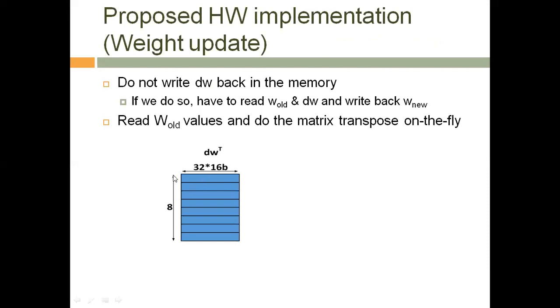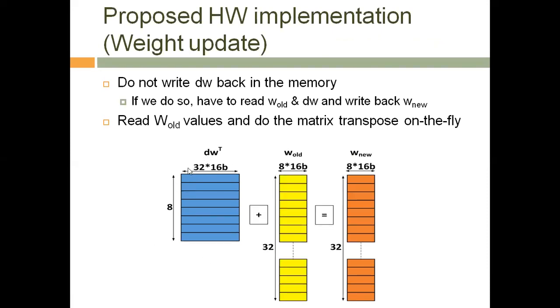As we said, we calculate the delta weights in a transposed form, 8 by 32. So we don't write this chunk or submatrix to the memory. We read the old weights in 32 by 8 chunks, do the update on the fly, and write back the new weights, which will be 32 by 8.